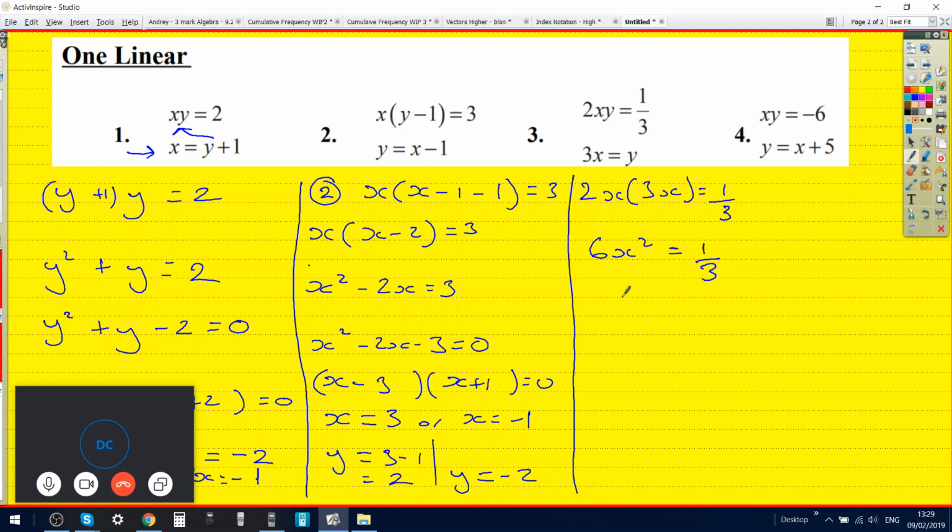And then divide by 6 on both sides. That's the same as times by 1/6. 1/18.